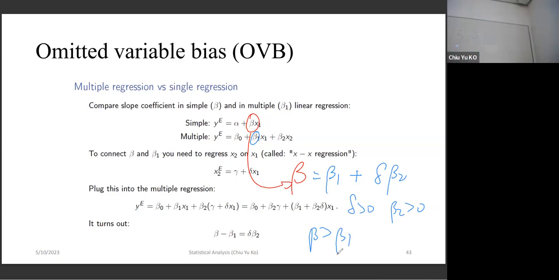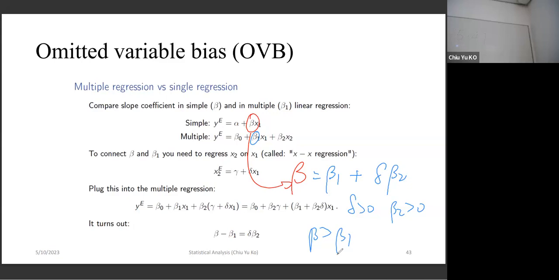So that's why that's called the omitted variable bias. It depends on how they're related. If they're negatively related, then this will be smaller. So that's the only thing this slide tells you: what happens if you omit something. If you omit something that is positively related, and itself is positive, that will make us overestimate our parameter.